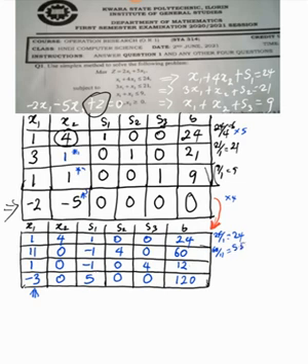Then we have 12 divided by 1, which is equal to 12. Therefore, the lowest is 5.5, and it means our pivot value is going to be 11.